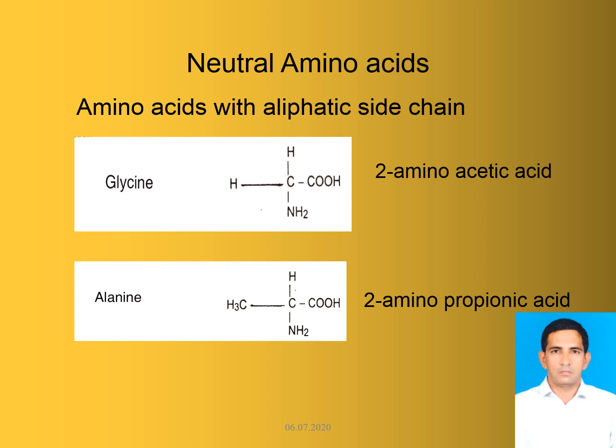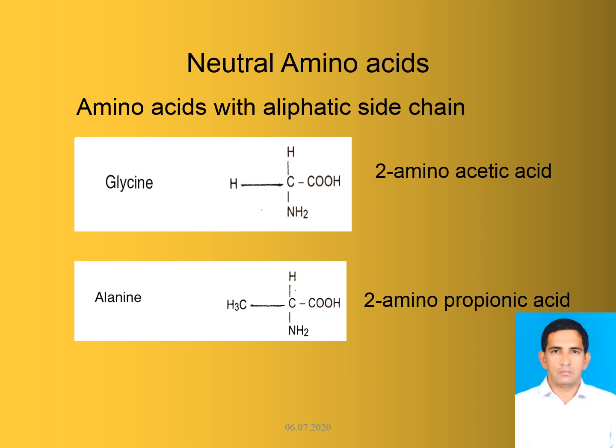Neutral amino acids: glycine, alanine, leucine, isoleucine, valine, phenylalanine, proline, methionine, serine, threonine, tyrosine, cysteine, glutamine, asparagine, tryptophan.